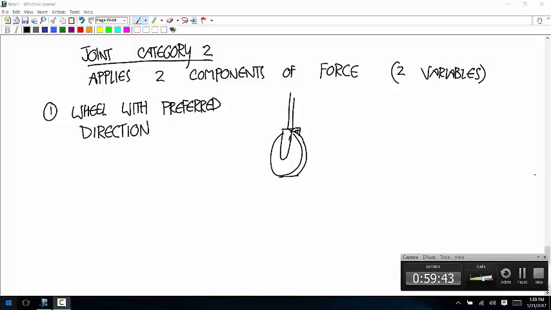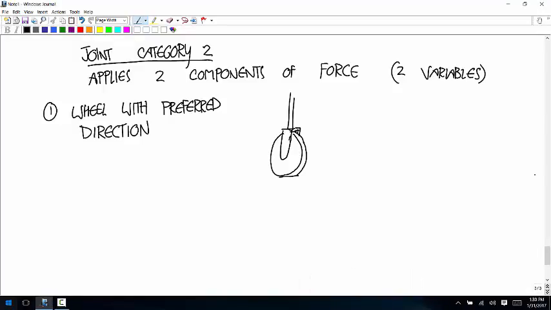Okay, so this wheel rolls along a line like that.